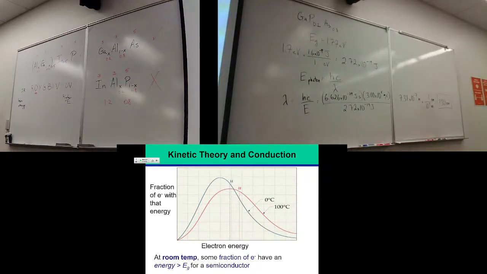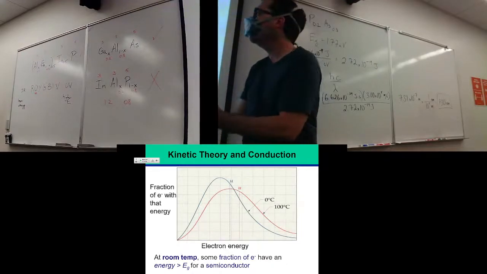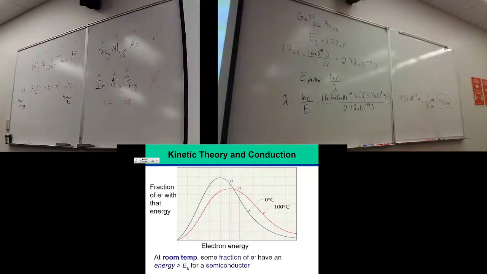And you can see that not very many have low energy. There's a whole bunch that have this mid-level energy. And as you get to super high energy, again, you get small amounts of atoms that have that energy. Now, this is the most probable energy, the highest peak, but it's not the average. The average energy is here. You might be thinking, why is the average not the highest peak?